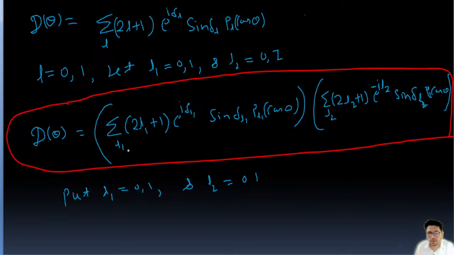If you put L1 equal to 0, this term is 1, and we get e^(iδ0) sin δ0 P0(cos θ), where P0 is the Legendre polynomial and its value is 1.